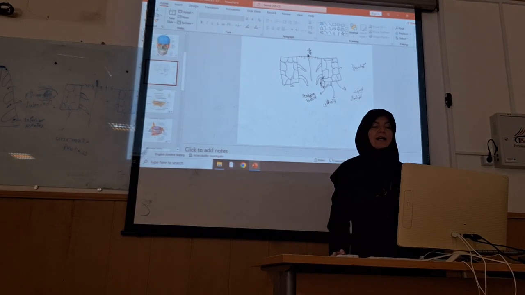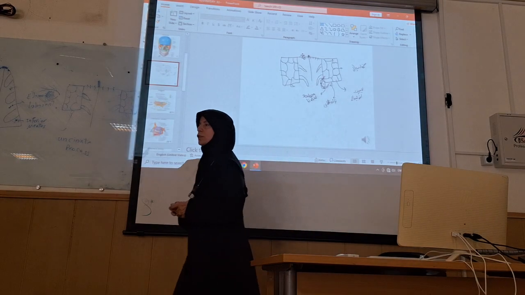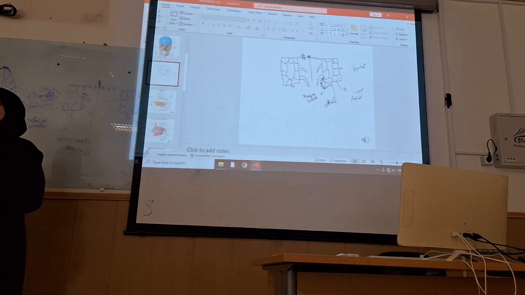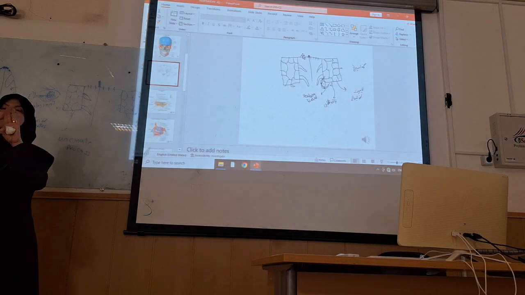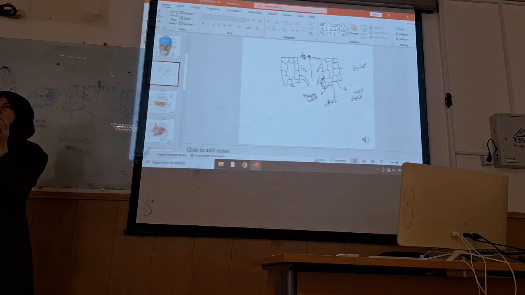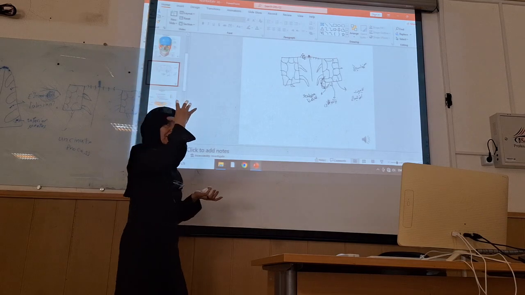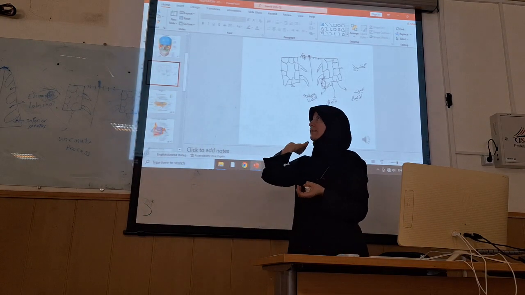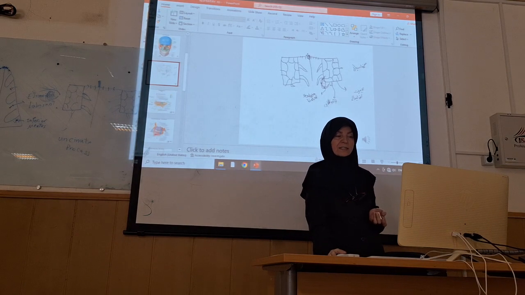The external covering sheet of the brain and the spinal cord, what is the external layer? Dura mater. Around the brain, a small process of the dura mater is going to connect to the crista galli. Here is the crista galli.